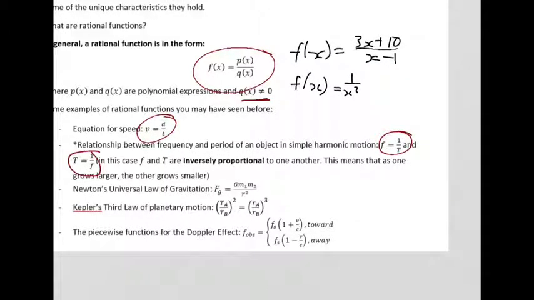And in these formulas, f and t are inversely proportional to one another. This is more of a physics concept, but basically all it means is the larger one thing gets, the smaller the other thing becomes. So the larger the period gets, the smaller the frequency, or the larger the frequency, the smaller the period. That's what inversely proportional means.